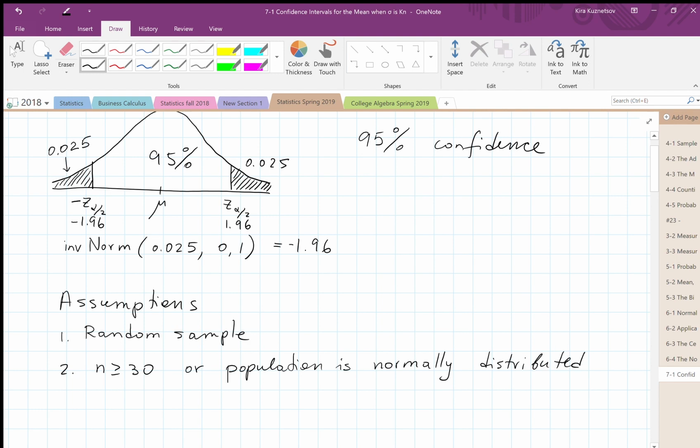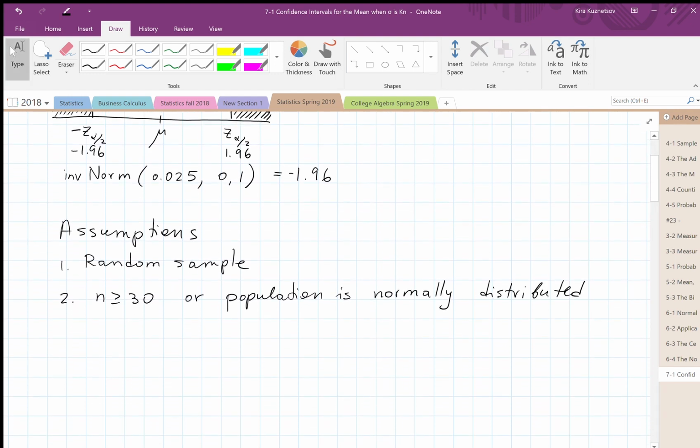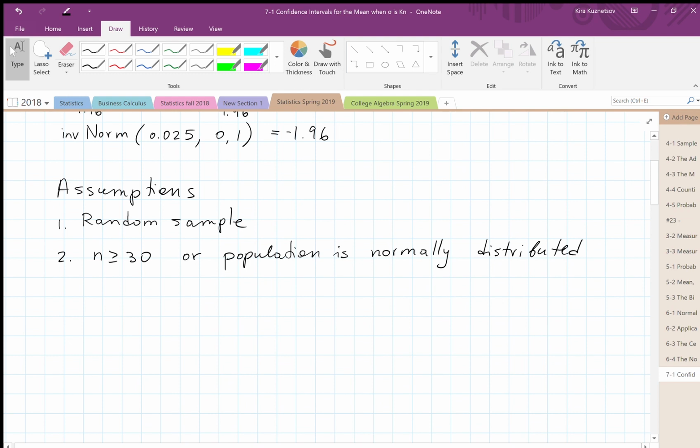And notice I don't need the original population to be normally distributed. I only need it if I didn't gather a sample that's large enough. So when n is greater than or equal to 30, I can use this if it's a good enough sample, and that's according to the central limit theorem. And here's the formula.